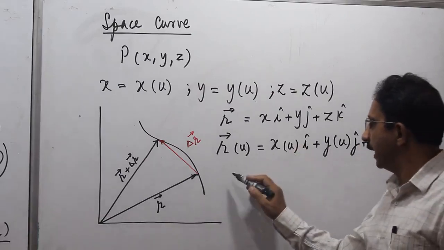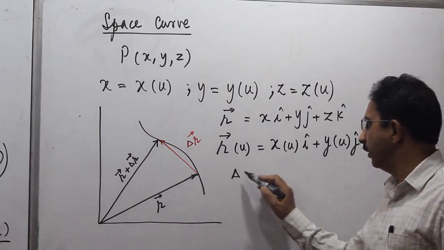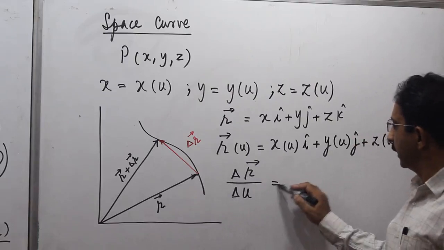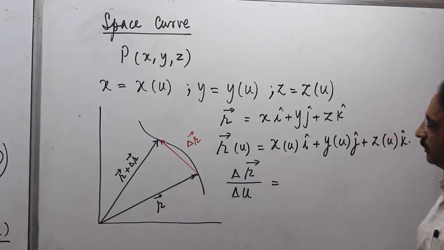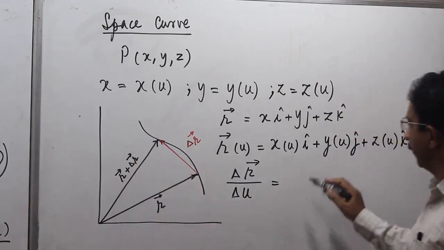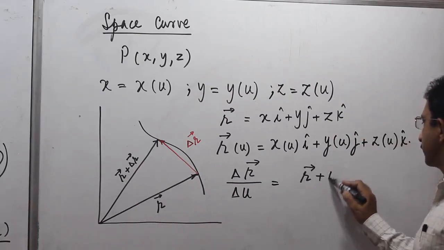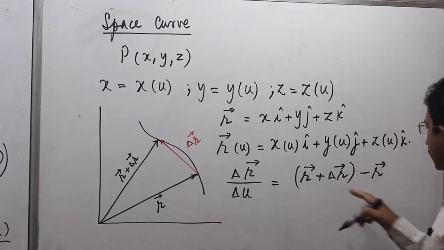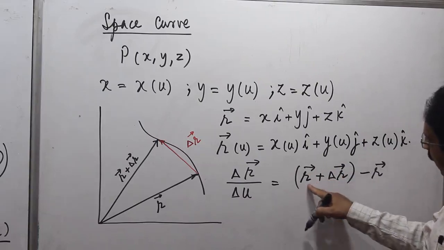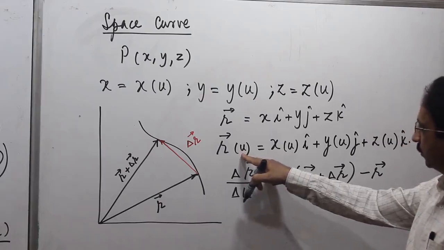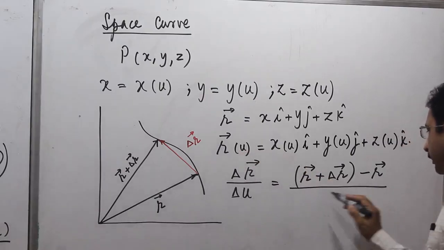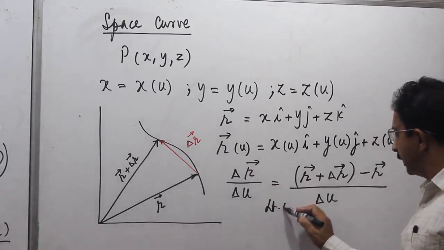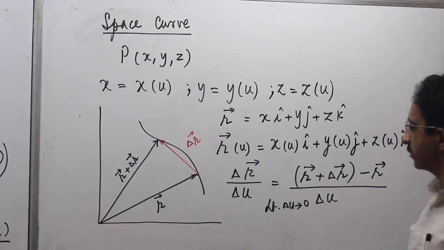So if I say that I have to find delta r divided by delta u, you will agree that this delta r can be found as, looking at this diagram, r plus delta r minus r, which was the initial value, this is the final value, and r is a function of u, I have not written the subscript u, divided by change in value of u, taken such that limit delta u tends to 0.